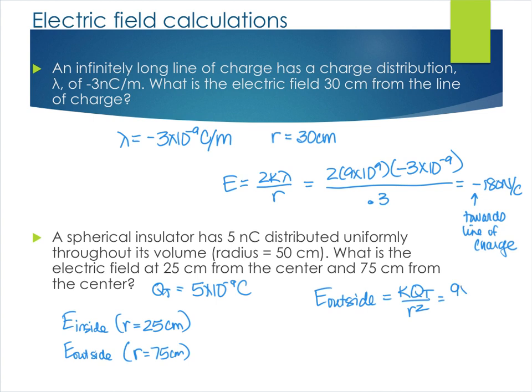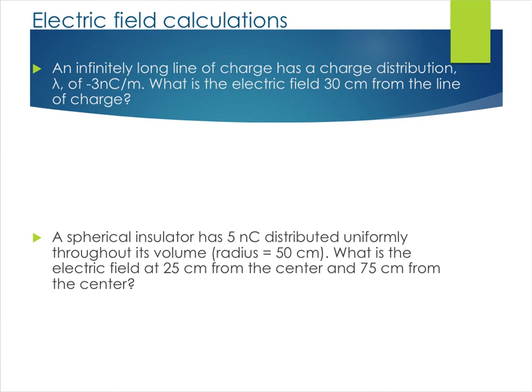So this is 9 times 10 to the 9th times 5 times 10 to the -9, and then 0.75 squared. And this is equal to 80 newtons per coulomb. I'm going to do the inside on the next page because I don't have any room.